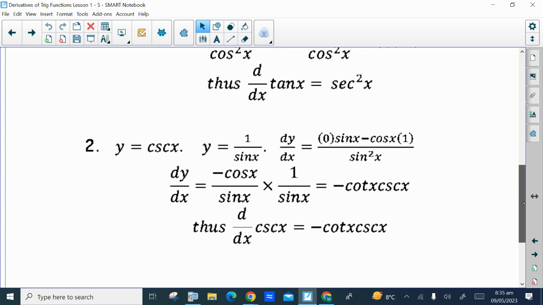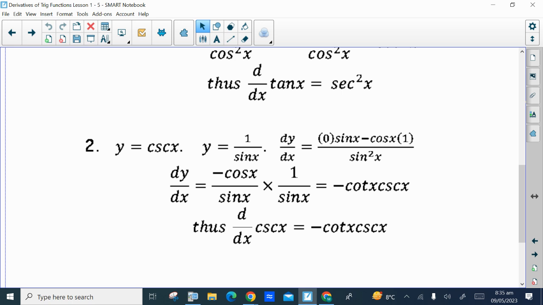In the same way, we can get the derivative of cosecant x by saying it's 1 over sine x, and then again using the quotient rule to differentiate. In this case, the derivative of the top would be 0 because the numerator is a constant, times the bottom, minus the derivative of the bottom, which is cosine x, times the top, all over the bottom squared.